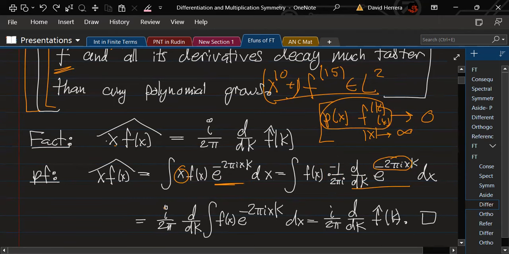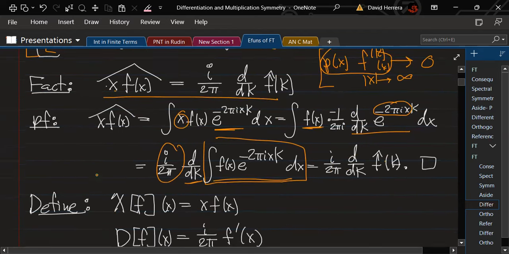Well, if I move the i up, it becomes i over 2 pi. I have this derivative in here, and because f is a Schwartz function, you can then move the derivative out of the integral. And then this thing is just the Fourier transform of f. So it's i over 2 pi times the derivative of the Fourier transform. And that was what this identity was. So that's the proof of that.